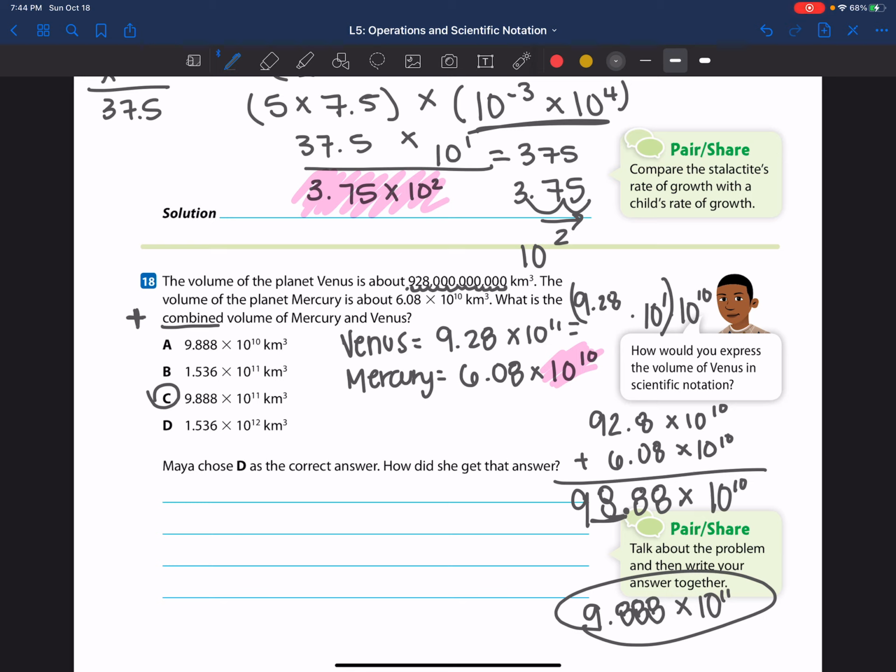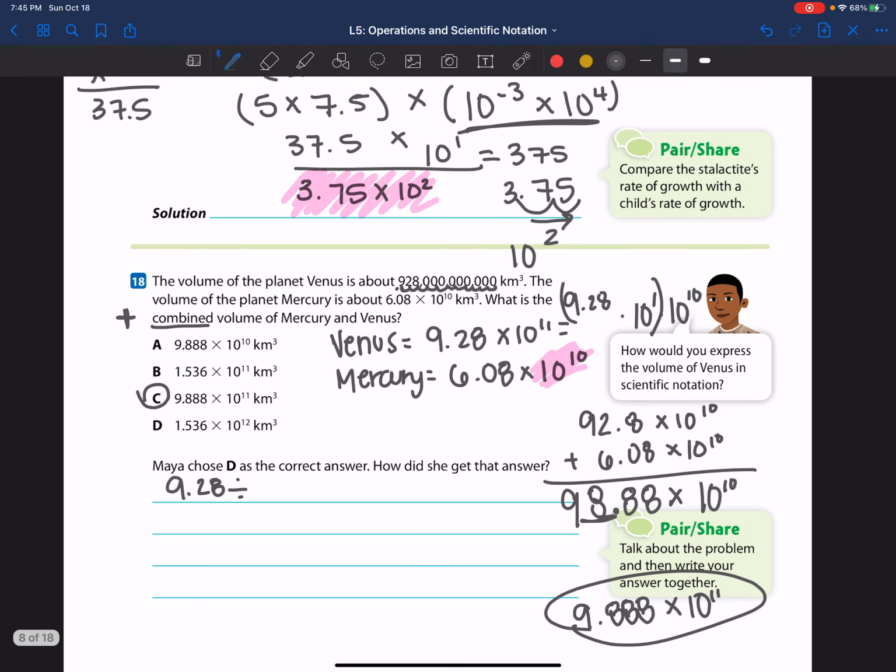So what Maya did is she divided 9.28 and 6.08, and she got about 1.526, which is very close. I'm not sure where the 10 to the 12th power came from, but I can see where she kind of got her coefficient from.